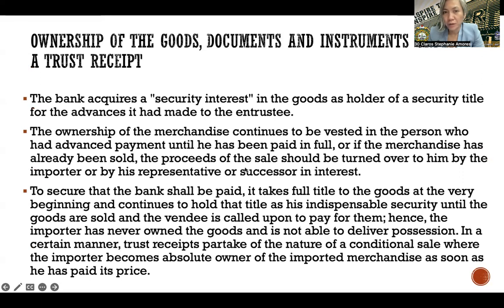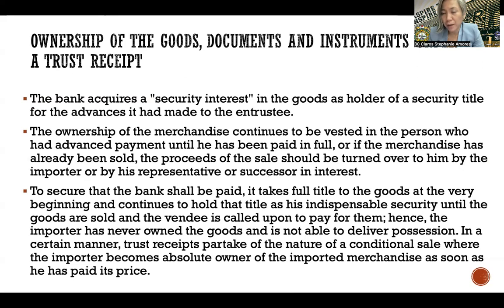Okay, so another important concept is ownership of the subject of the trust receipt transaction, or ownership of the goods, documents, and instruments. So remember that ownership pertains to the entruster. Typically, an entruster is a bank.